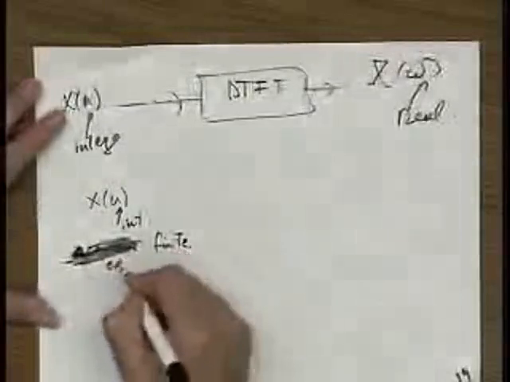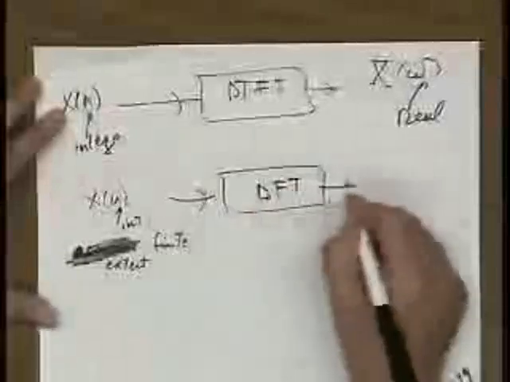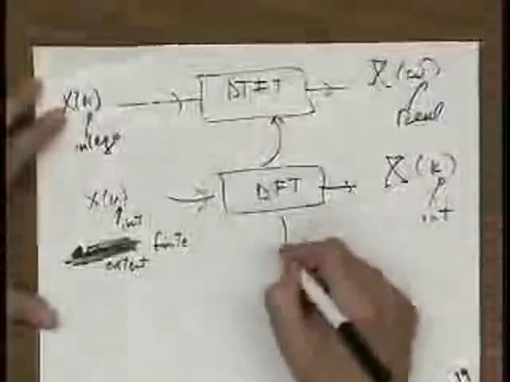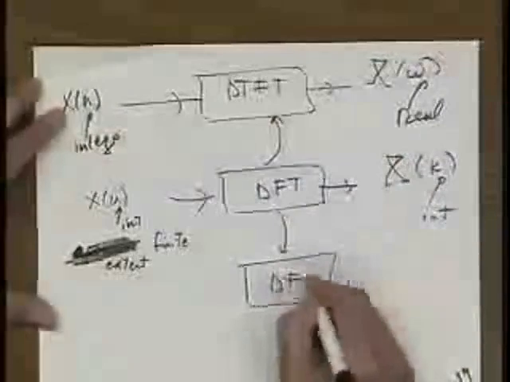and I plug it into my DFT, and out comes x of k, where k is an integer, and this is related to that. And this is also related to the DFS. And how is that?